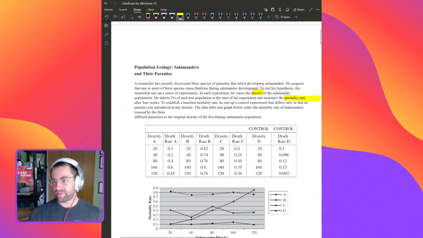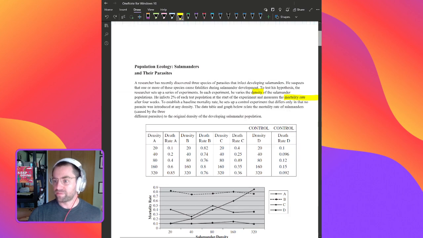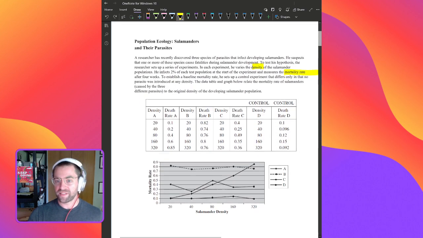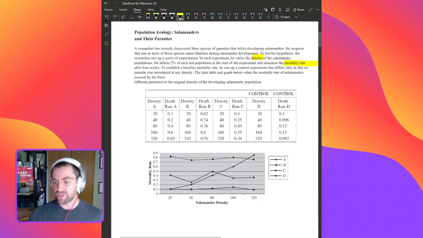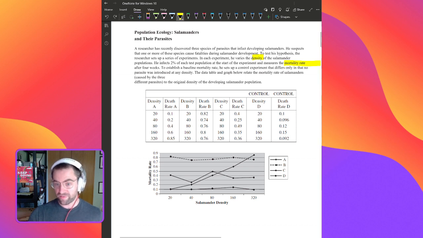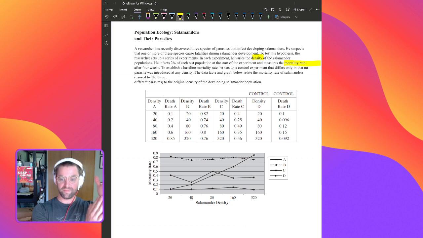So the first thing that I do anytime I'm approached with a prompt like this is to orient myself to the charts. See what I've got here. We have density A and death rate A, density B and death rate B, etc. But you'll notice that the densities are all identical. So this could just as easily be a chart with population density on the far left column and then death rates for each of the parasites, it looks like.